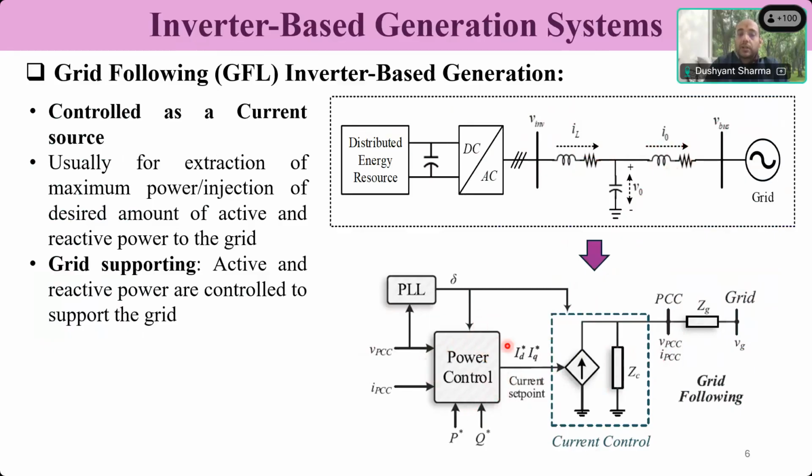What this controller does is, you give a set point, you give a reference. For example, let's say we want X kilowatt and X kVAR from the inverter. So we give a reference, P star, Q star, the active power reference and the reactive power reference. Now this active and reactive power reference will be converted to a current reference.